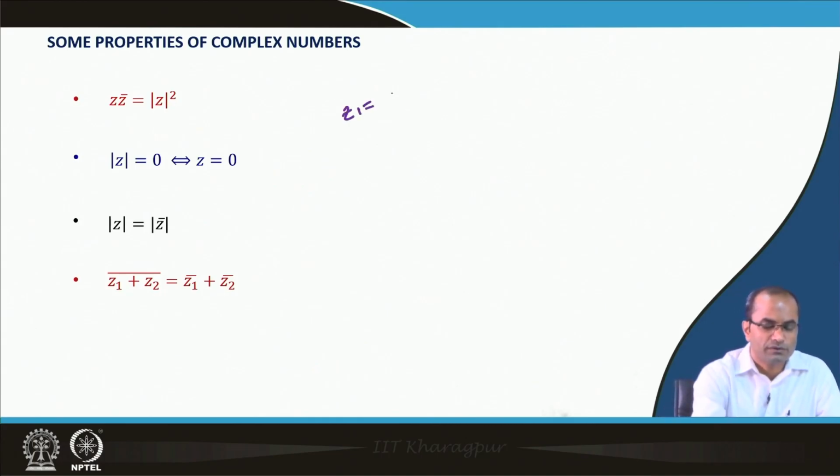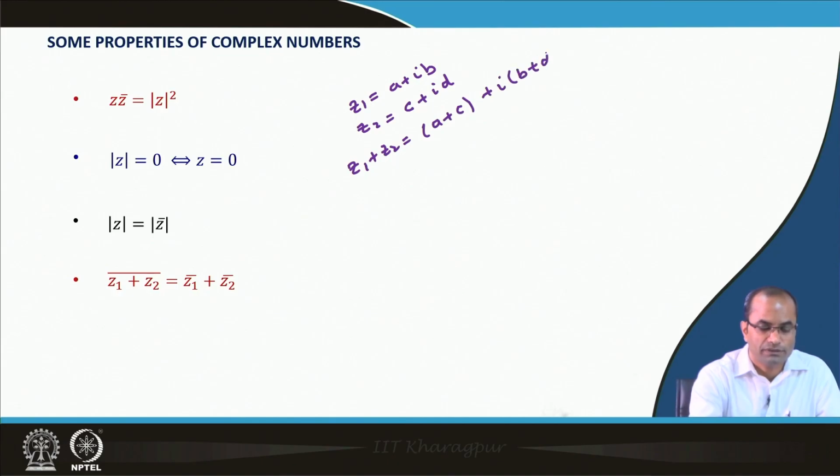If you take two numbers, z 1 equal to a plus i b, and z 2 as the new number c plus i d, and add the two, z 1 plus z 2, we know how to add: a plus c, and then i times b plus d.